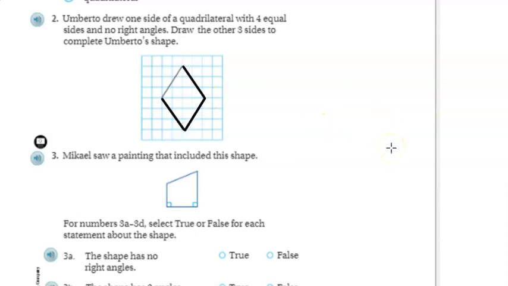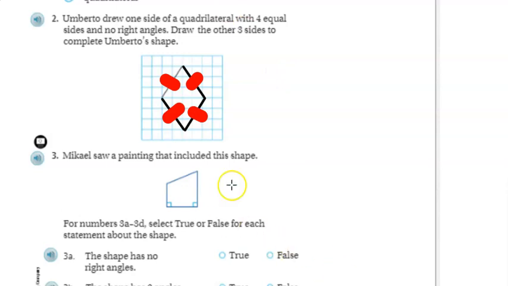Hopefully you ended up with a rhombus because all 4 sides are the same. And you know a rhombus is a square that's smushed to the side. So then it says draw the other 3 sides to complete. We just did that, so hopefully you have 1, 2, 3, and 4 sides.